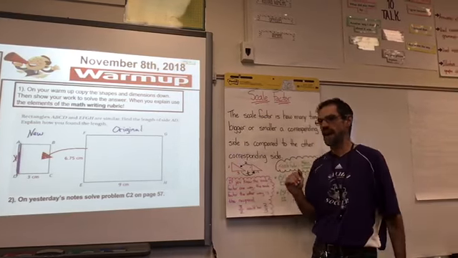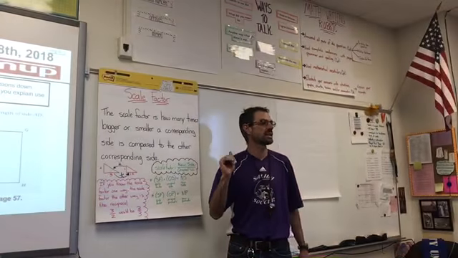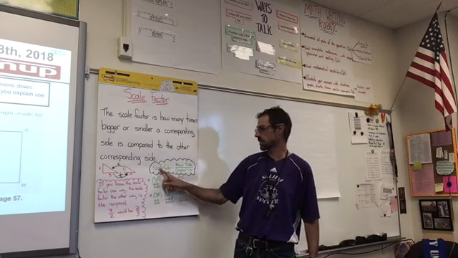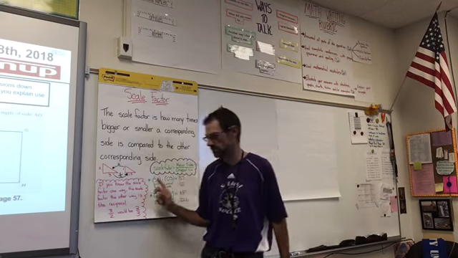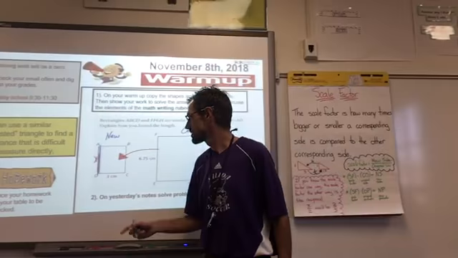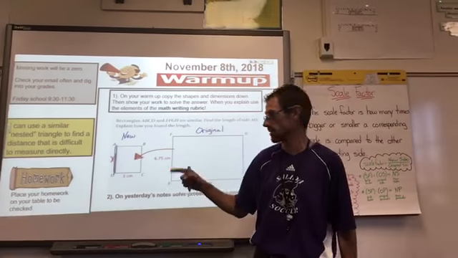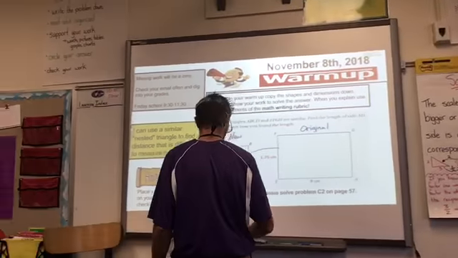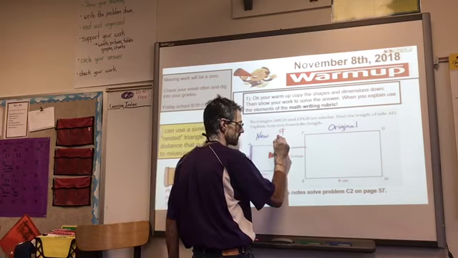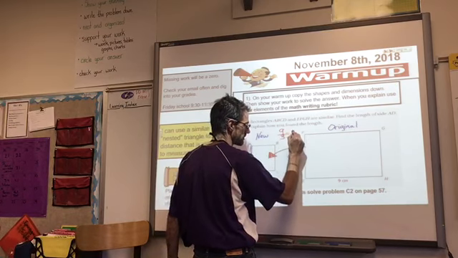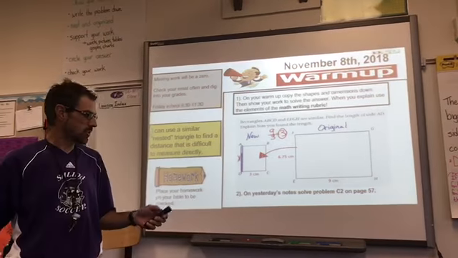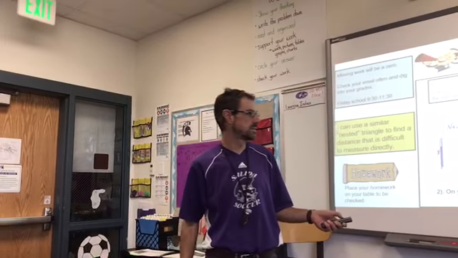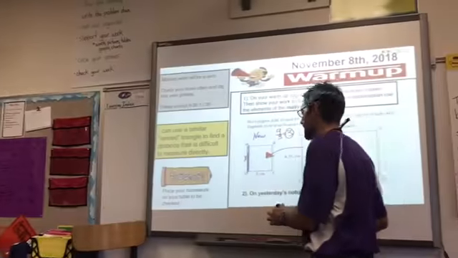So if I go to scale factor, because that's the first step to finding an unknown side, Connor. Scale factor equals new side divided by original. So talk to your partner. What would you be dividing here? Go. So I know I'm going to go 9 divided by 3.